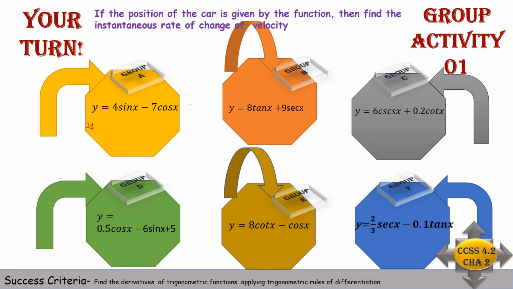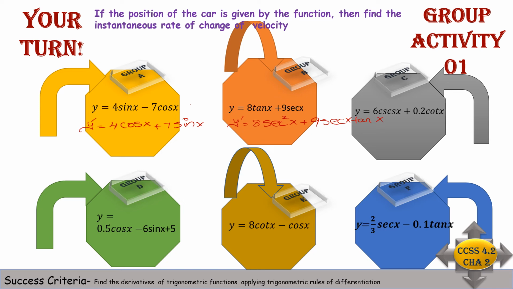Okay, so the derivative of 4 sine x will be 4 cosine x and negative cos x is positive 7 sine x. The derivative of 8 tangent x will be 8 sec square x plus 9. The derivative of sec x is sec x tangent x.